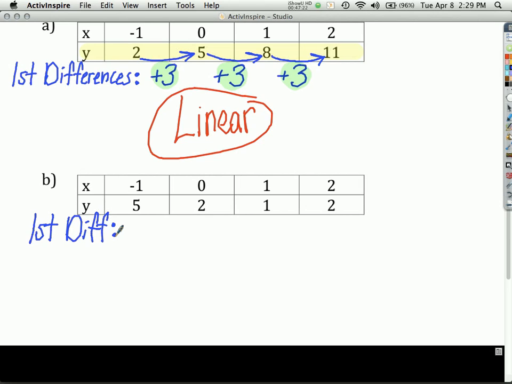So again, we are going to explore the y values. And we're going to look at what trend is going on. So we're going to start at the 5, and we go to the 2. What do we have to do to the 5 to get 2? John? Very good. We're going to subtract 3. Everyone put minus 3.